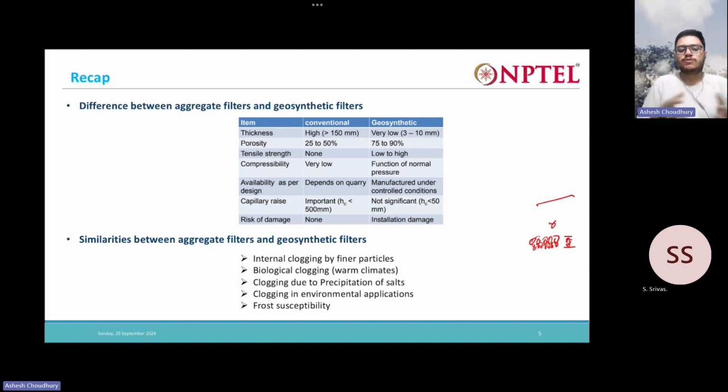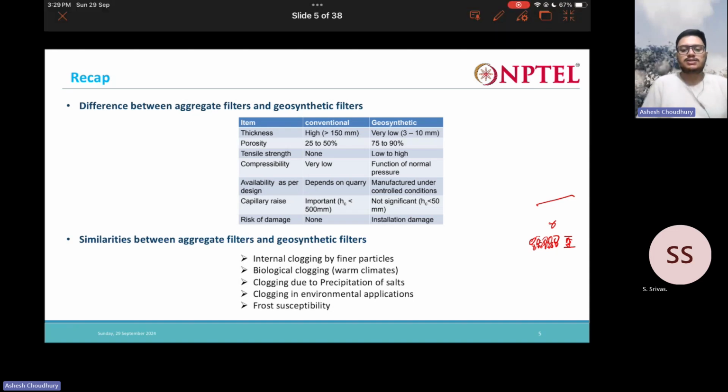Then clogging due to precipitation of salt. If the salt content in the soil is high, salts precipitate into the filter and clog the pores. Clogging in environmental applications, because due to various environmental effects they might get clogged. And frost susceptibility, because of frosting during the winter season.